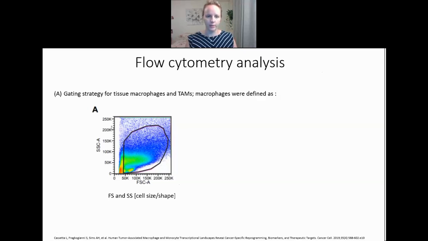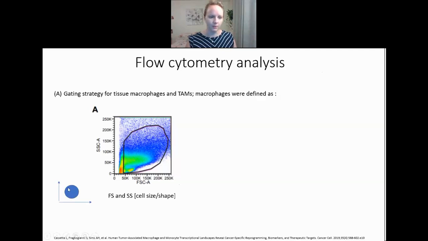So you always start with your forward and side scatter. They're not fluorochrome labeled. They're size and shape. Again, if you have different size cells that you're looking for within a population, especially whole blood, you will get some really small populations, and then you might get larger populations, but generally you want your cells to be within this middle range.